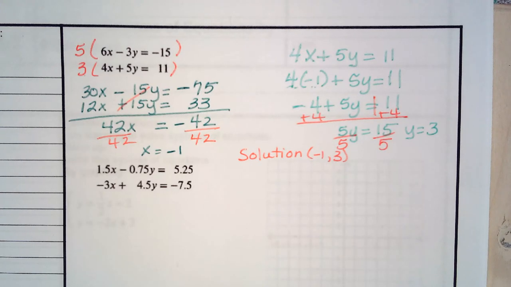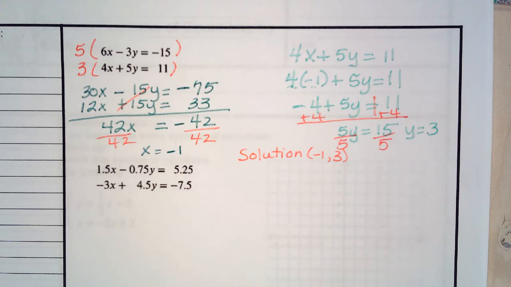We always have to throw something in that's a little bit different, and this one's different because it has decimals. So you have to realize that sometimes it's not terribly hard to use decimals. As I'm looking, 1.5 and -3 are the coefficients of x. -0.75 and 4.5 are the coefficients of y.